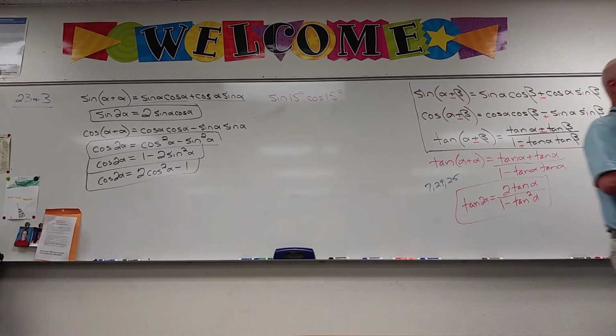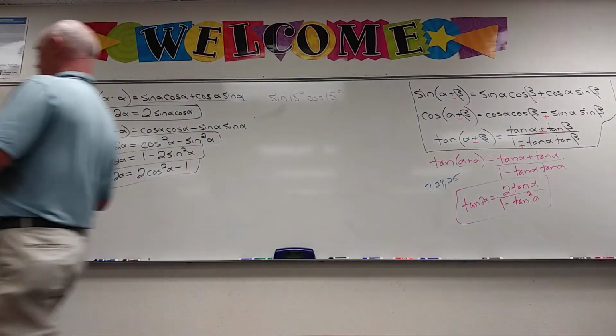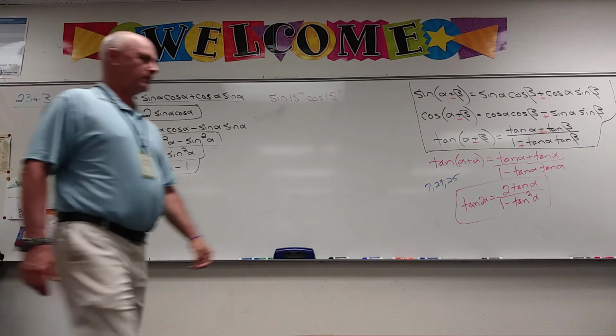Sine of 15 degrees times the cosine of 15 degrees. Think about it. You can do each one and then multiply.